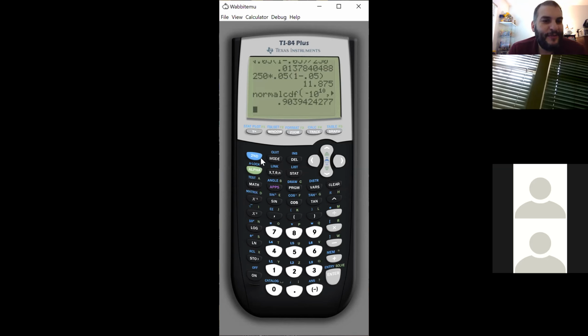If you actually want to draw the distribution, when you go to distribution, right here it has draw, and it has shade normal.